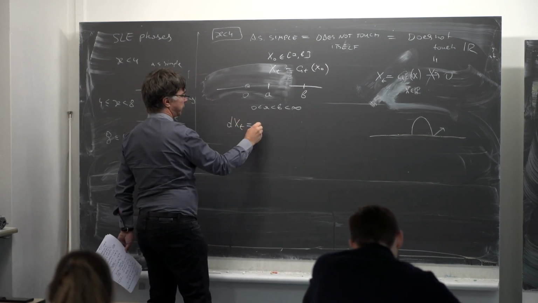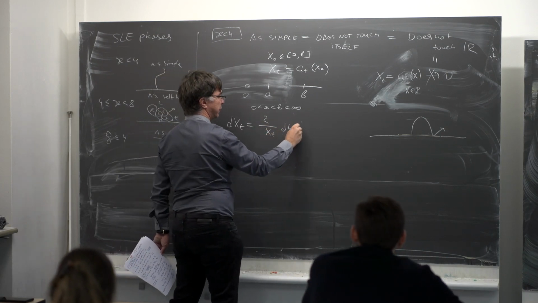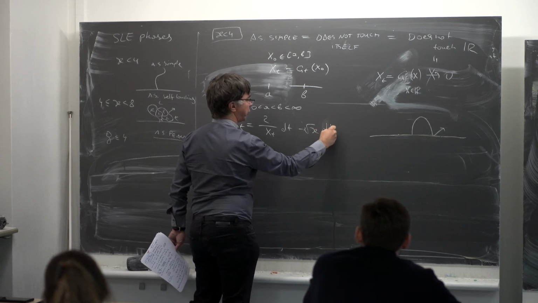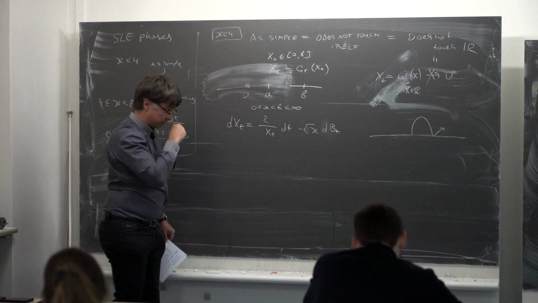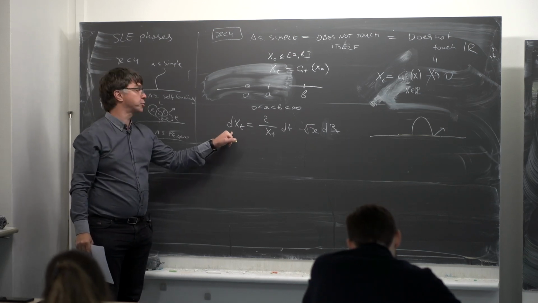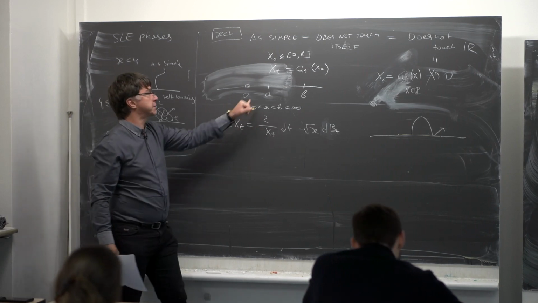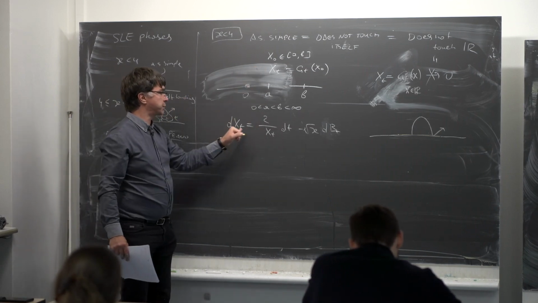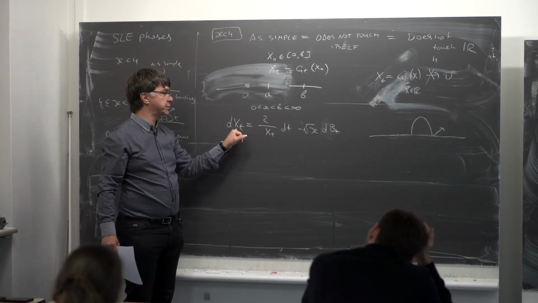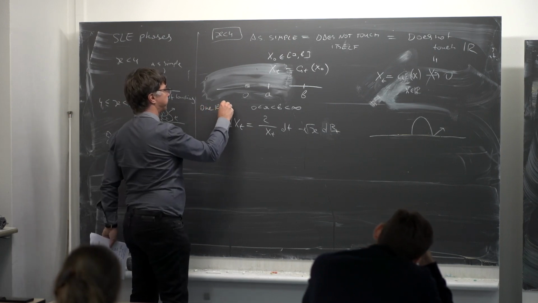So the equation for X_t is dX_t = 2/X_t dt minus square root kappa dB_t. Now we'll do it with Ito calculus, though again one can do it with expansion. The simplification in this equation is enormous because we have a real number, not a complex one. When we had a complex number inside the plane, this was two real equations and complicated ones. Now it's much easier, it's just one real equation.